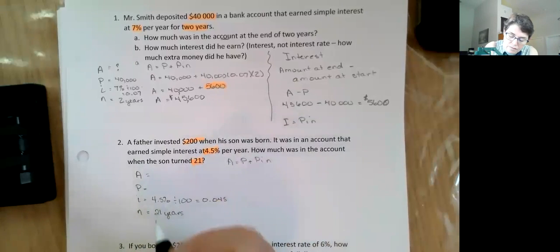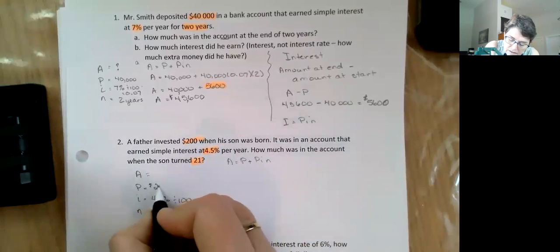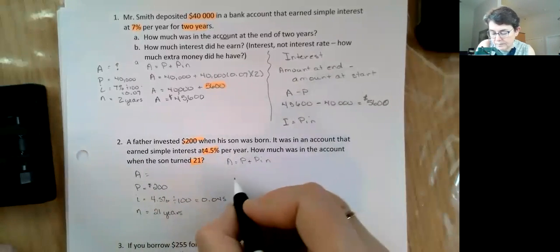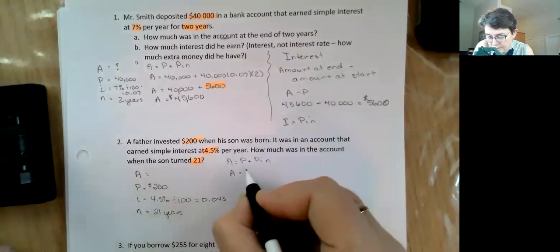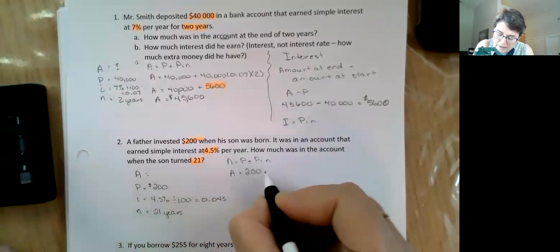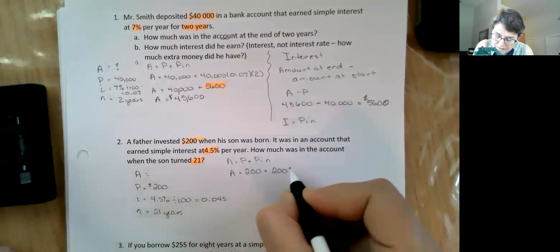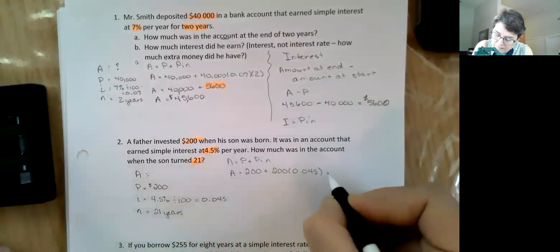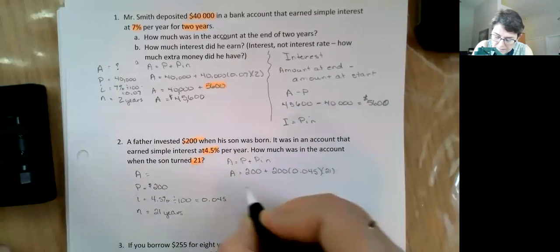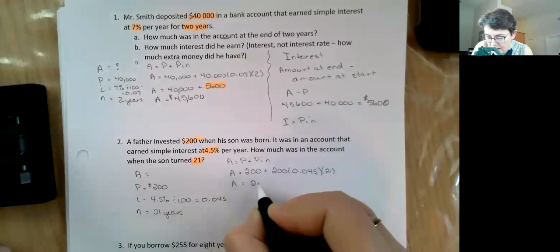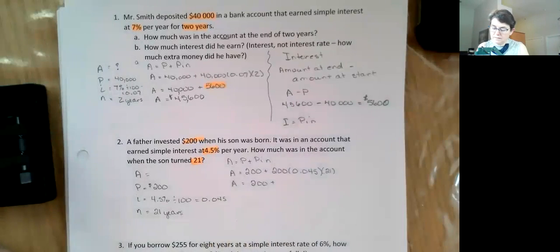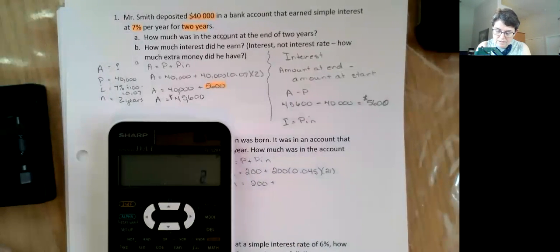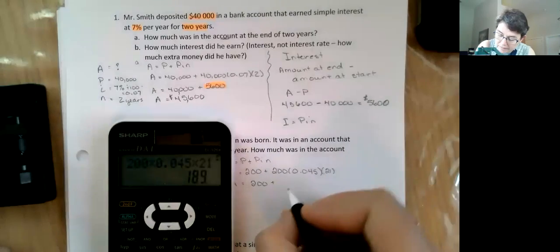And dad invested $200. Now let's plug it into our equation. Plus 200 times 0.045 times 21 is 189.